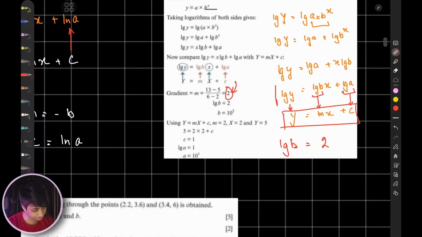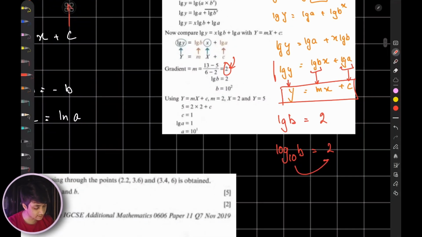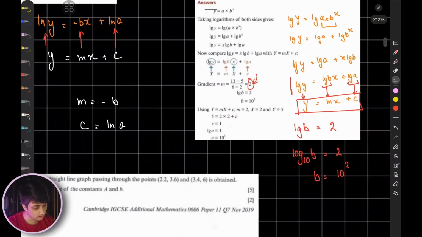It's basically that LG is nothing but log base 10, right? So if I simplify, I can say by taking 10 to the other side, b is going to be 10 to the power of 2, right? If you already know how to work with logarithm, this shouldn't be an issue, okay? So I know the answer to be 10 to the power 2, which is going to be, of course, 100, right? Great.